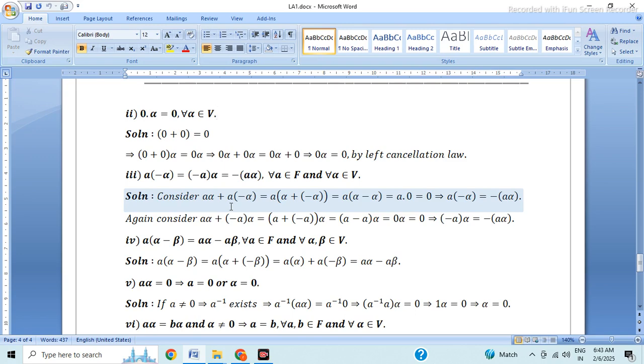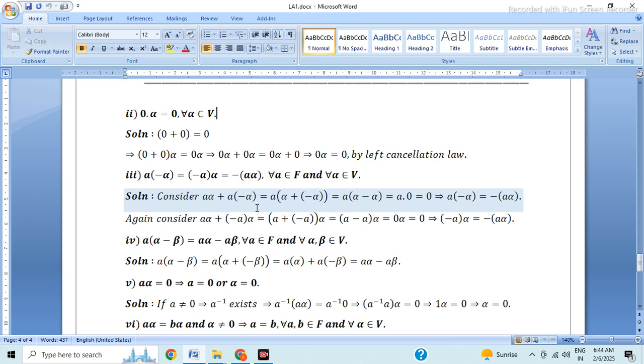Instead of that, we prove a into minus alpha plus a alpha equal to 0. Like that, second condition and third condition: we have to prove minus a alpha equal to minus of a alpha, or we write minus a alpha plus a alpha equal to 0. We will prove these two conditions.